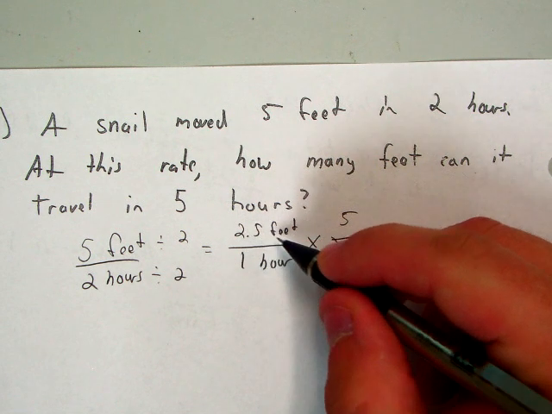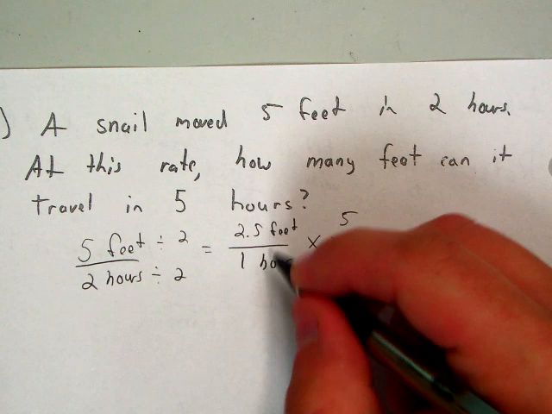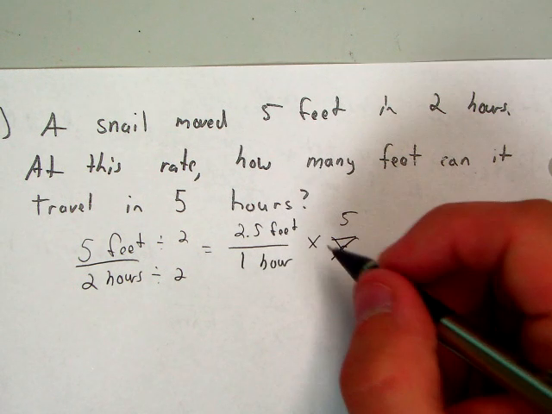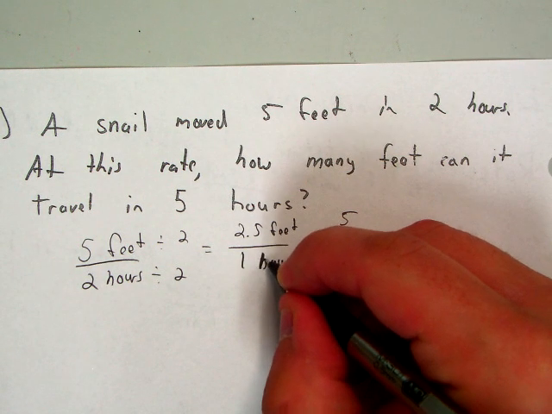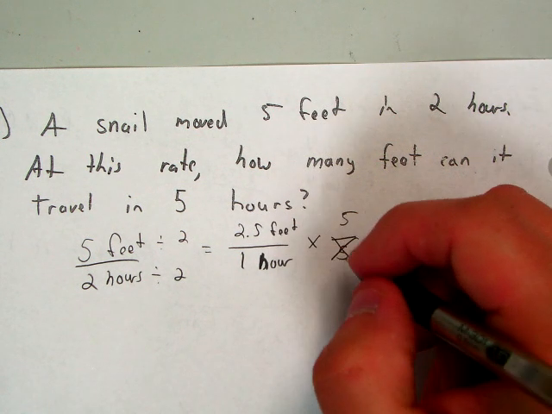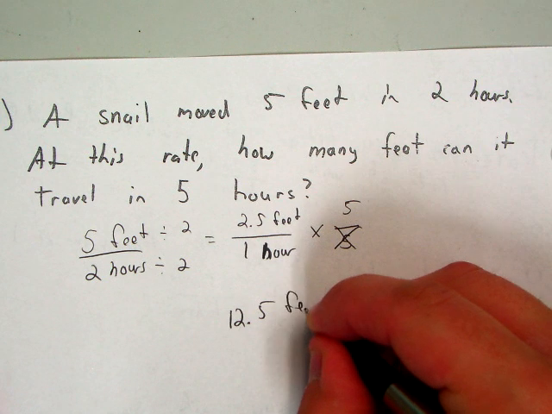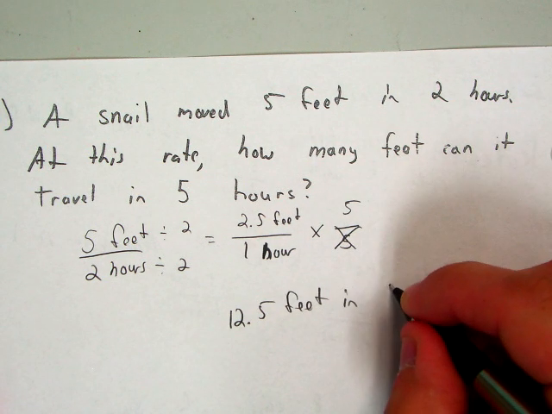So I'm going to take 2.5 feet times 5, and then I'm going to divide by 1. So that's not really going to change anything. And that's the reason why we like unit rates, because we just have to multiply the numerator by what we're trying to find. So 2.5 times 5 is going to get me 12.5 feet in 5 hours.